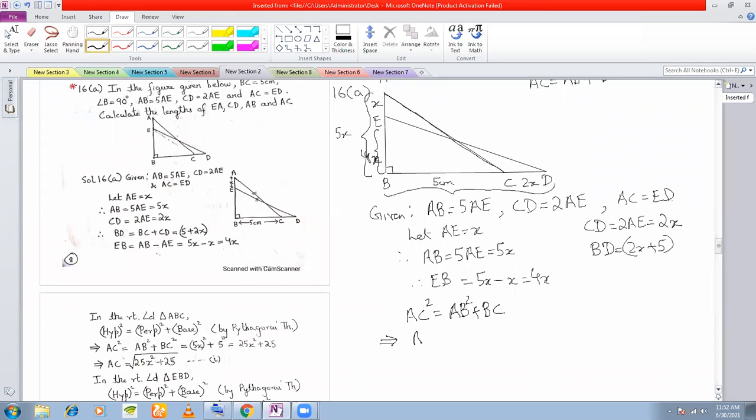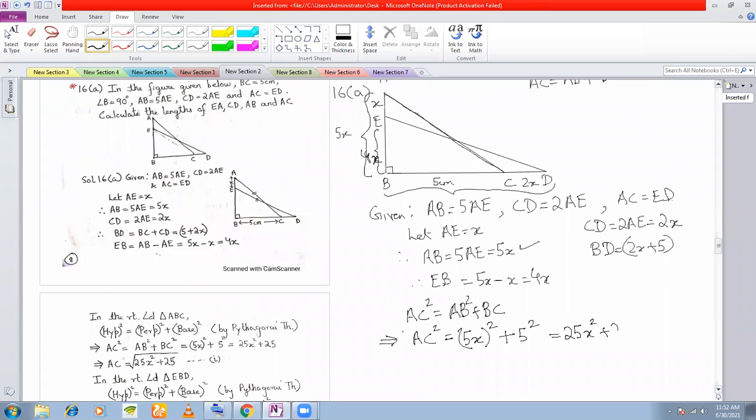AB here is 5x, so 5x square, and BC here is 5 centimeter given to you, right? So this you get as 25x square plus 25.